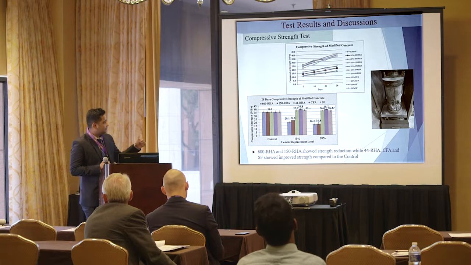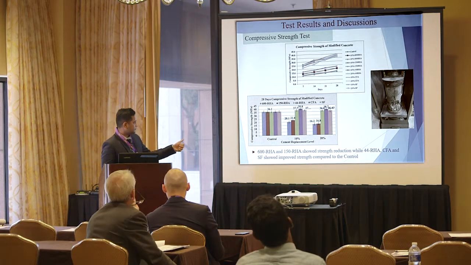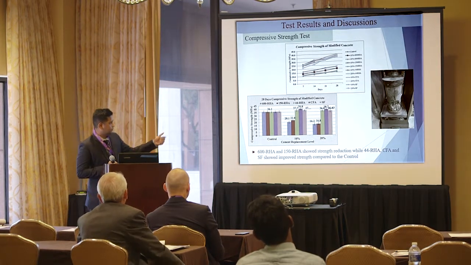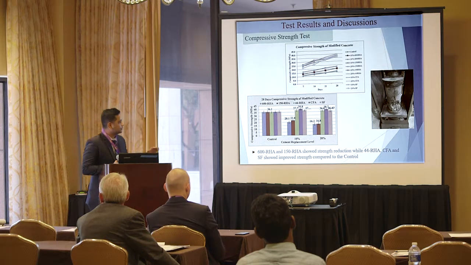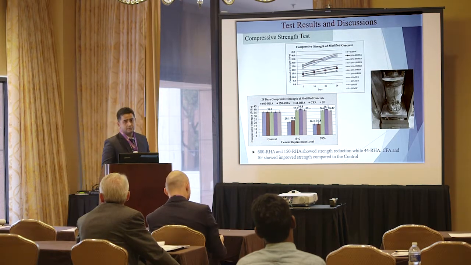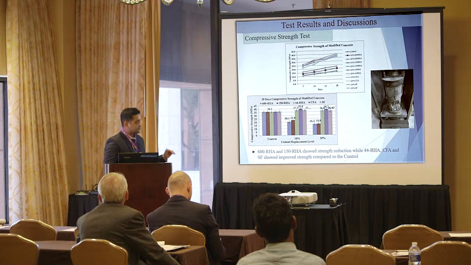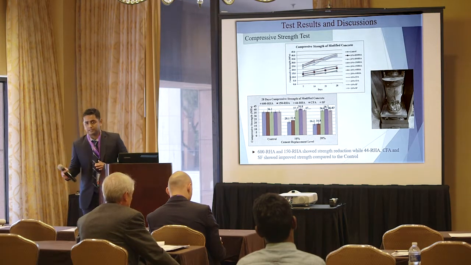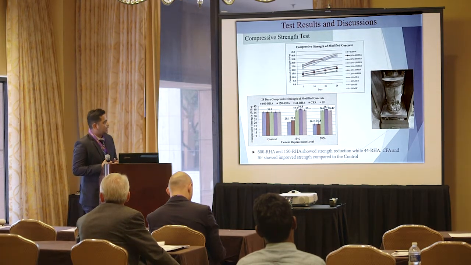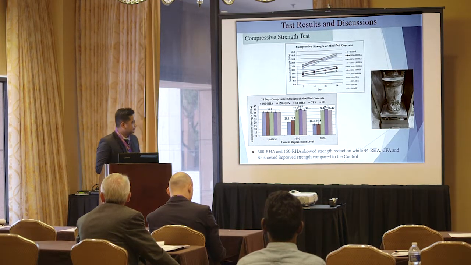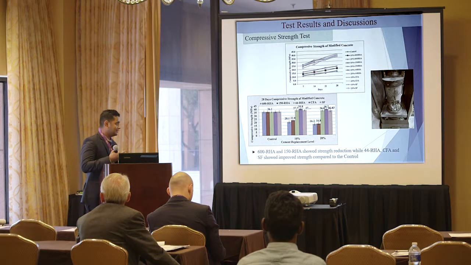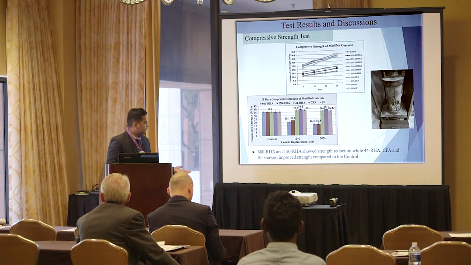And as we can see, RHA3, which is the 44 micrometer RHA, and CFA and silica fume are showing the highest compressive strength for the 10% replacement of OPC, ordinary Portland cement. And if we go for 20%, it is a little bit less than the 10% replacement.